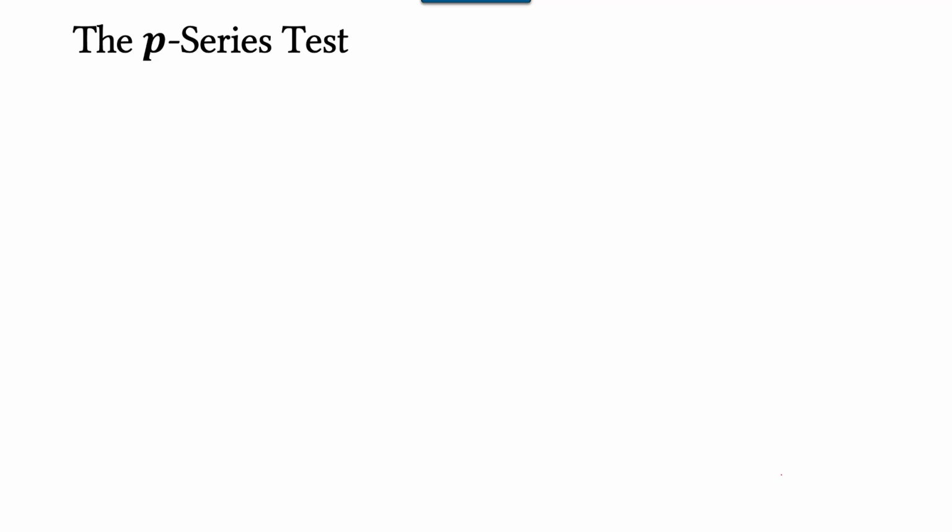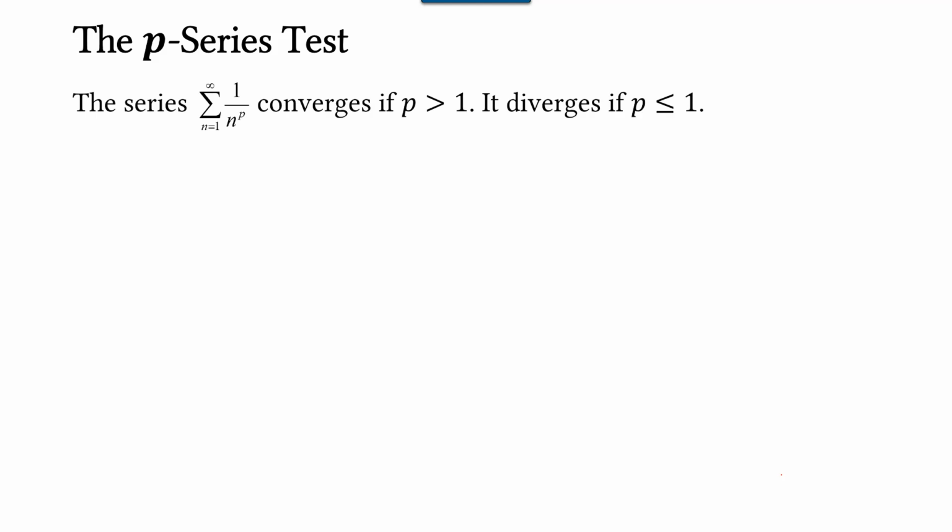Now if we apply the integral test to a certain type of series, then we get what we call the p-series test. This one is really easy to apply if you recognize that you can apply it. And this is kind of a restatement of something we've actually done in one of our previous worksheets.